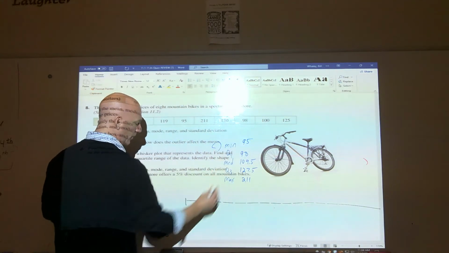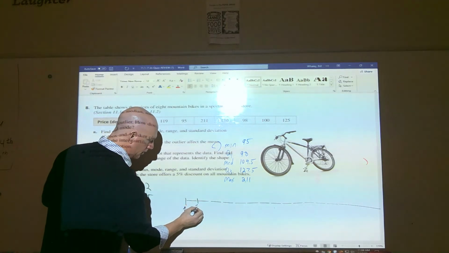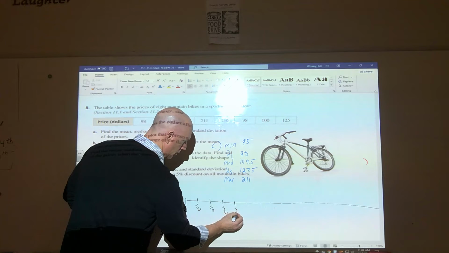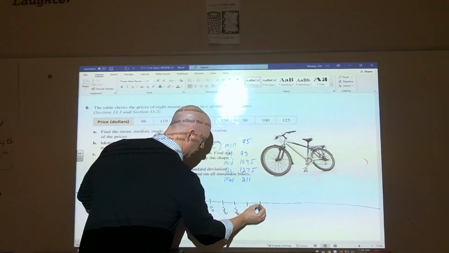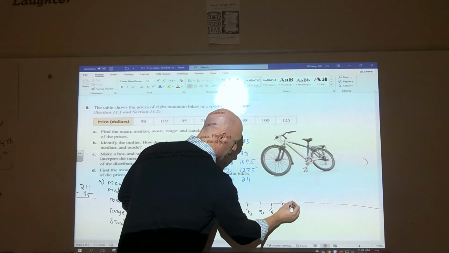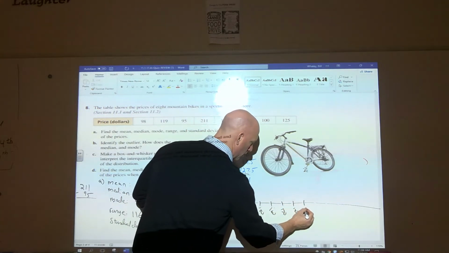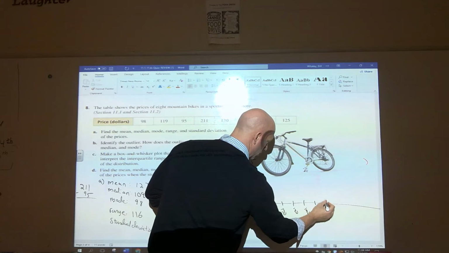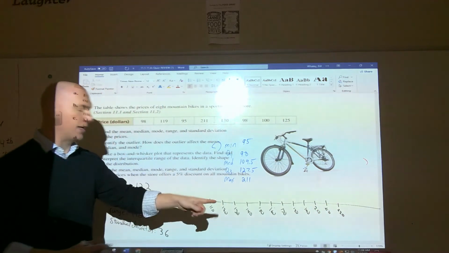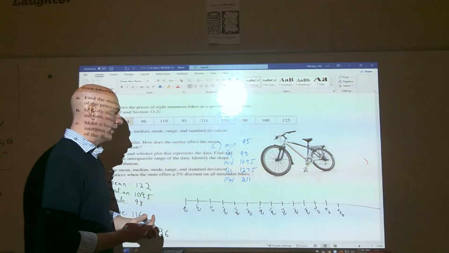Then if 95 is my smallest, we can start at 90. So it goes from 90 up to 220. Now I can fit everything in.